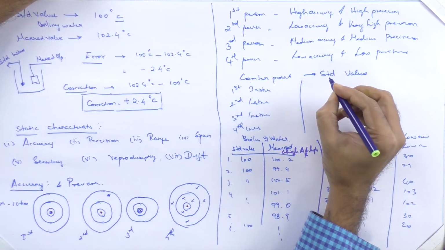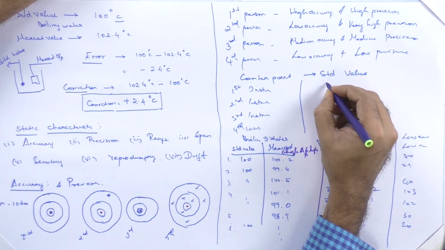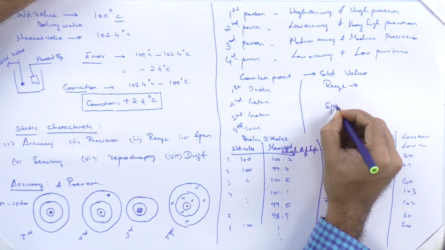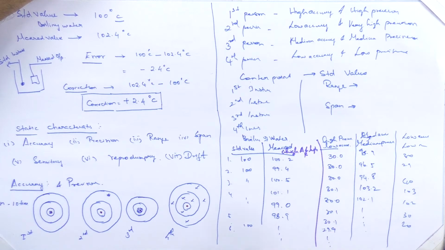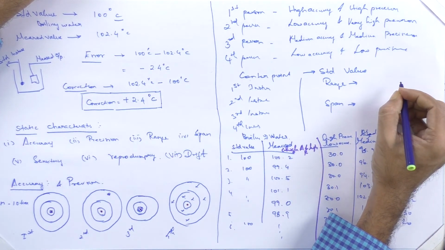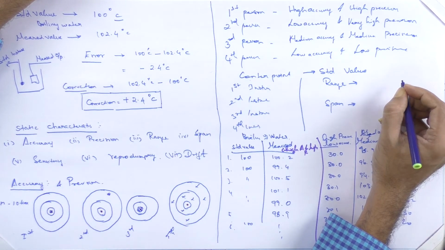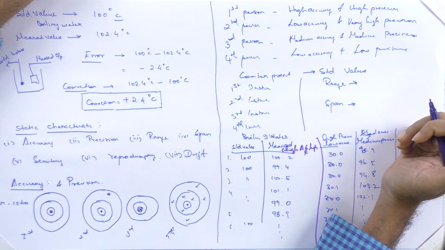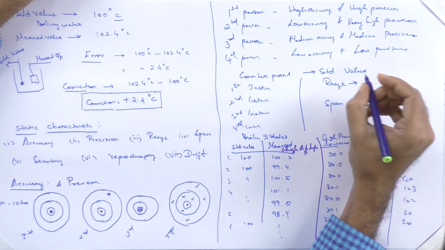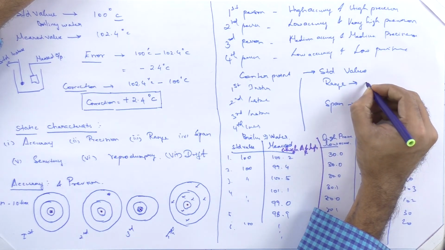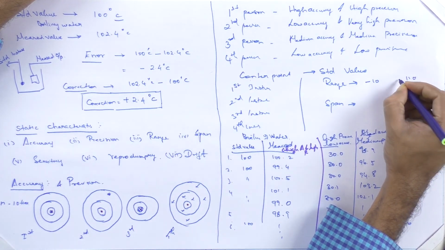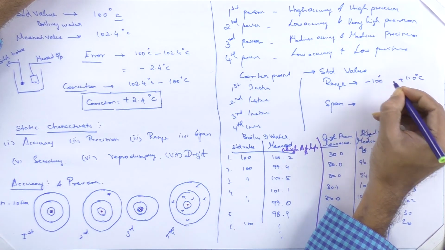Okay, finally we come to range and span. Range and span are very simple terms. Take a laboratory thermometer that can measure -10 to +110 degrees centigrade.